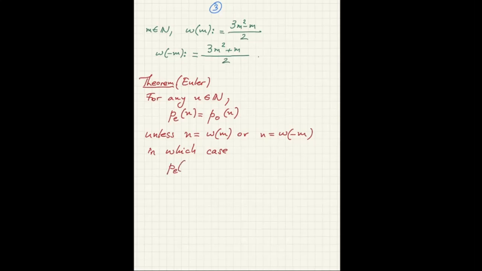So P E of n minus P O of n equals minus 1 to the power m.